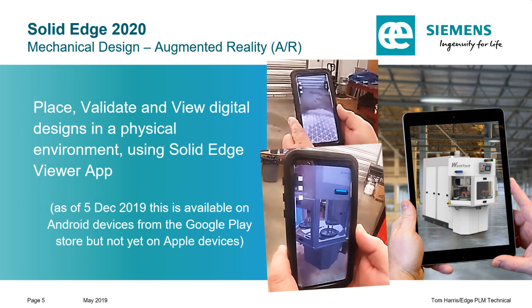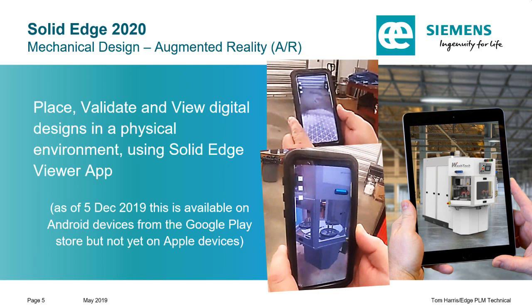Now, with the augmented reality, you can see there's a few pictures here. The picture at the top left-hand corner shows the augmented reality application scanning the physical surfaces around the phone, and in this case it's a Samsung, and then you just simply tap to place your model onto the floor. You can also scale it and rotate it and walk around your model.